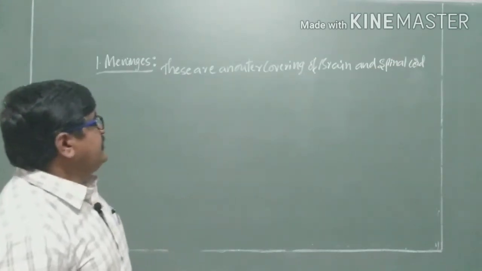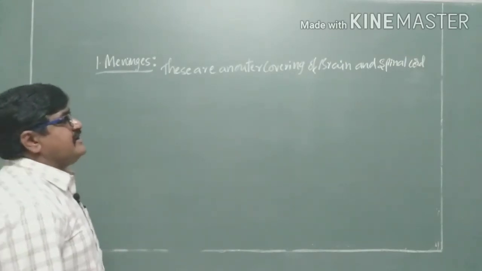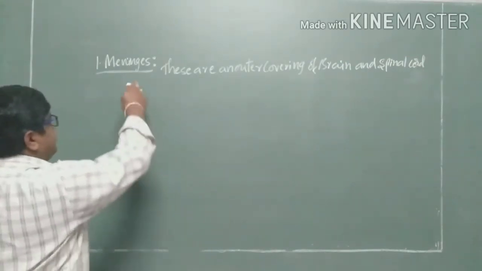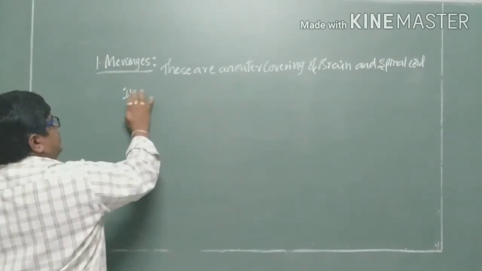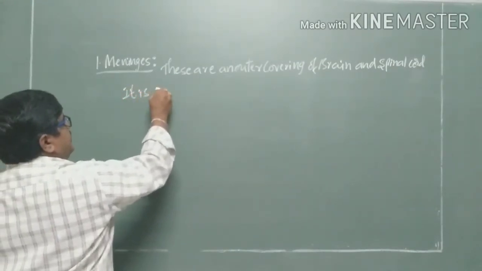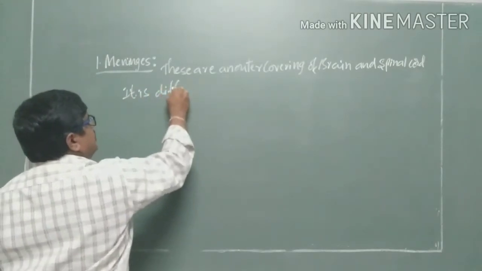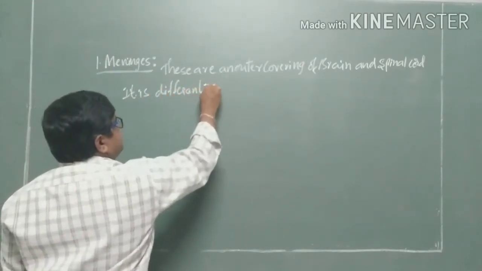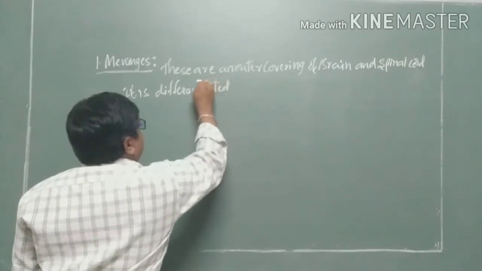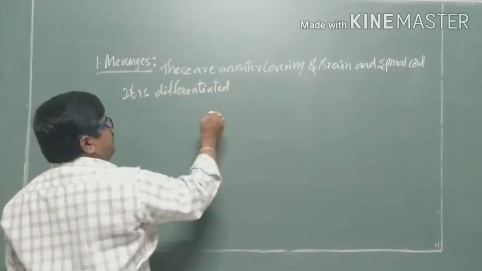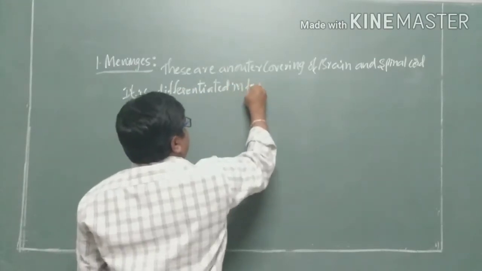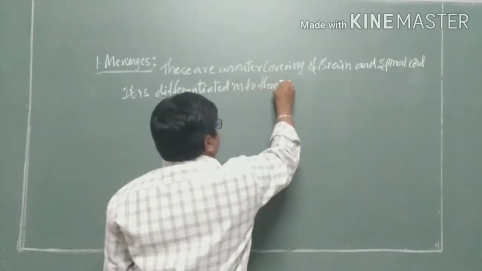So here these are the outer coverings of the brain and spinal cord, where the meninges is differentiated into three regions.